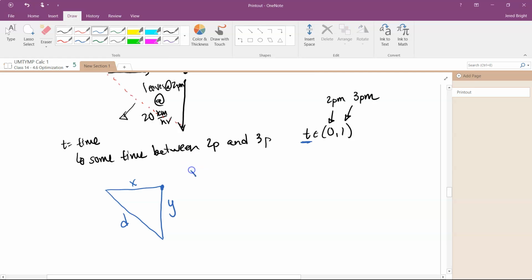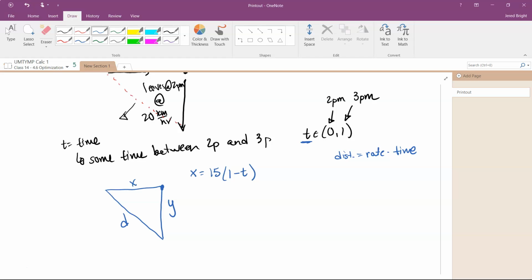In fact, if we think about x in terms of time, x would be distance, right? Distance is equal to rate times time, right? So I can represent x as the rate, which is the speed, so in this case 15, times time, which in this case is going to be 1 minus t, because at time 1 we want that whole thing to be 0, since it's the distance from the dock.